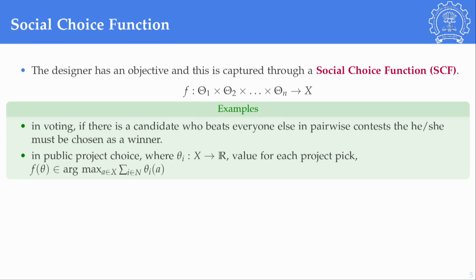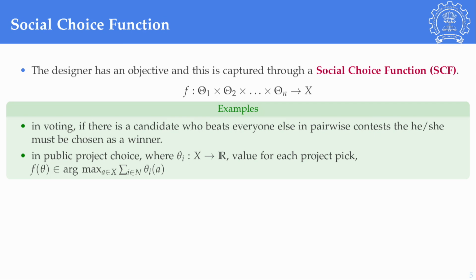Remember that the mechanism or the designer can only look at what has been reported. There is no reason to believe that they will report their types truthfully, but if their types were truthful, then I would have liked to do that. So in the auction example, if their types are of this kind, then I want to give the item to the agent who has the maximum value among these. That can be captured using a social choice function.